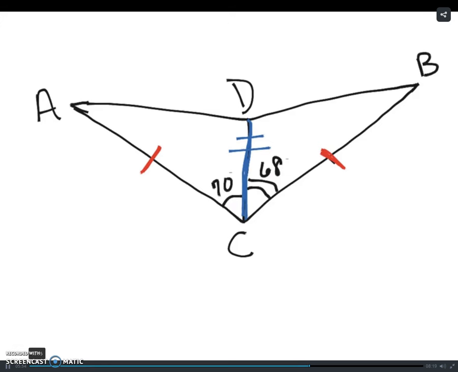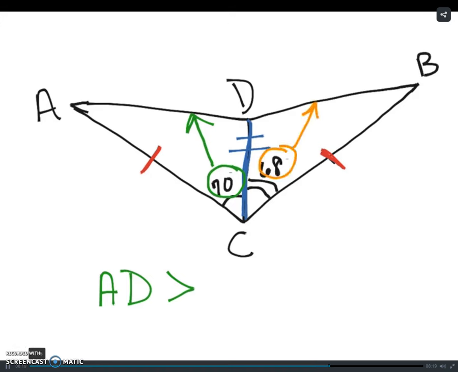And then we're looking at the angle measurements, and we want to know which angle is bigger. So you have to think, is 70 bigger or is 68 bigger? Okay, 70 is bigger. That means that the side across from it is the bigger side. So that means AD is bigger than the side across from the smaller angle, which was the 68-degree angle.